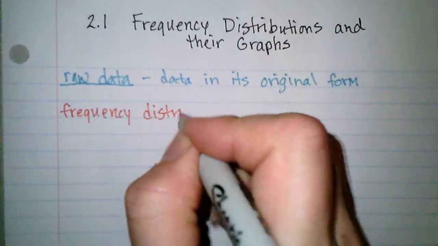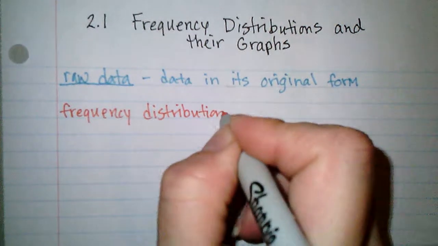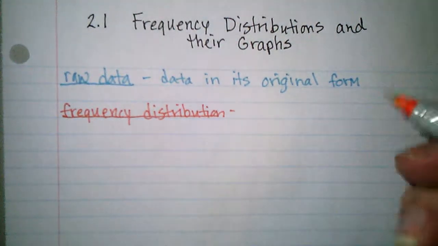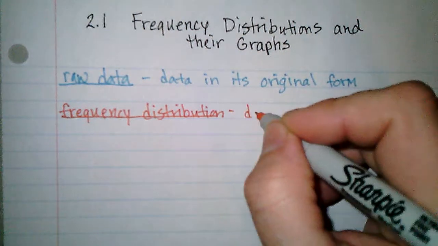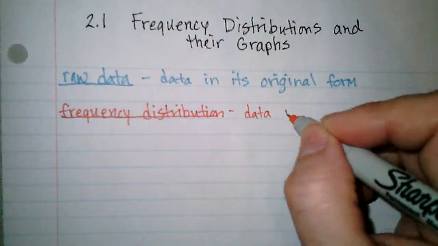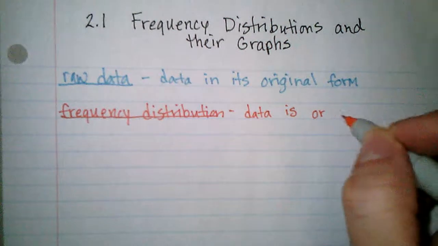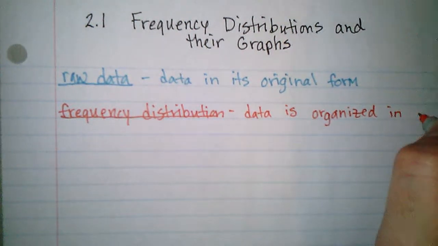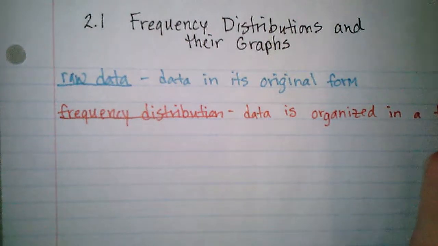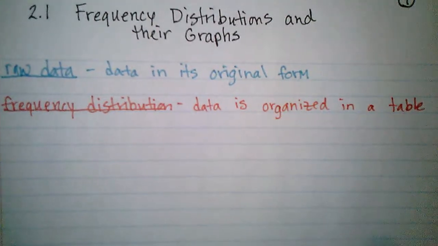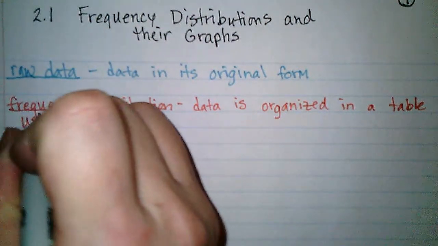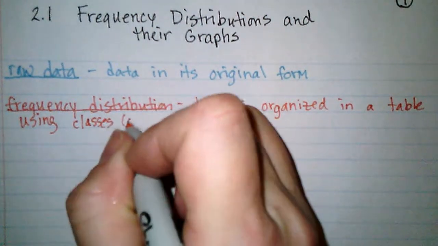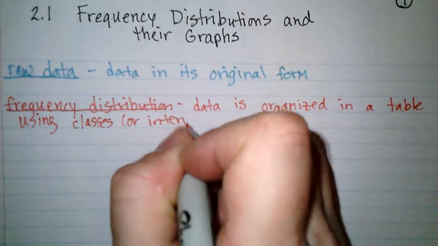Then what we often do with that data is create a frequency distribution. A frequency distribution is when you take data and you organize it into a table, using something that we call classes or intervals.